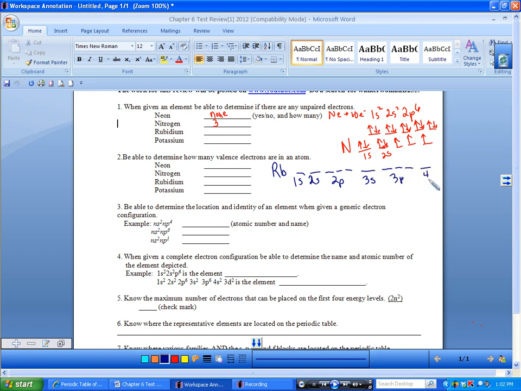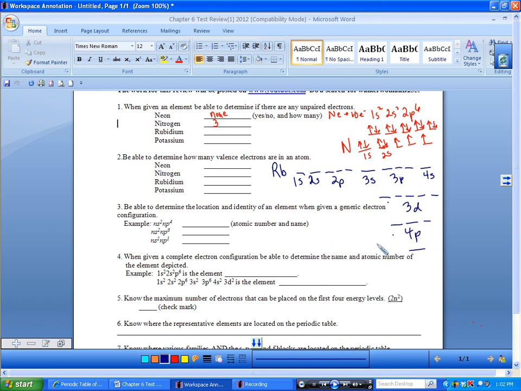Then I go to 4s. And then after I do 4s, I'm going to go to 3d. After 3d, then I should go to 4p. There's my 4p. And then finally I'll be at 5s.